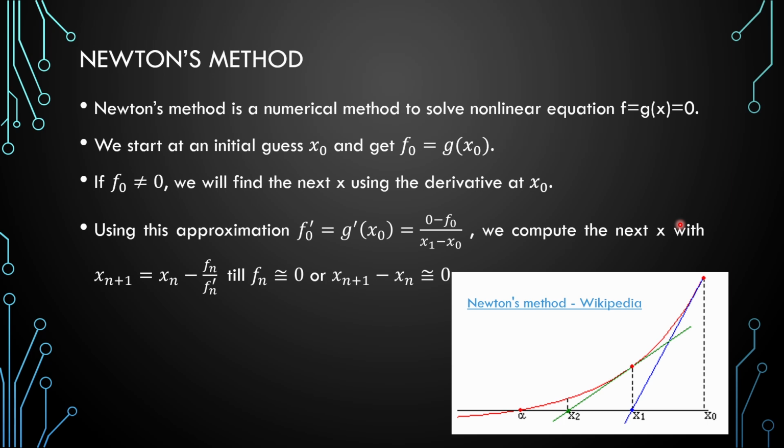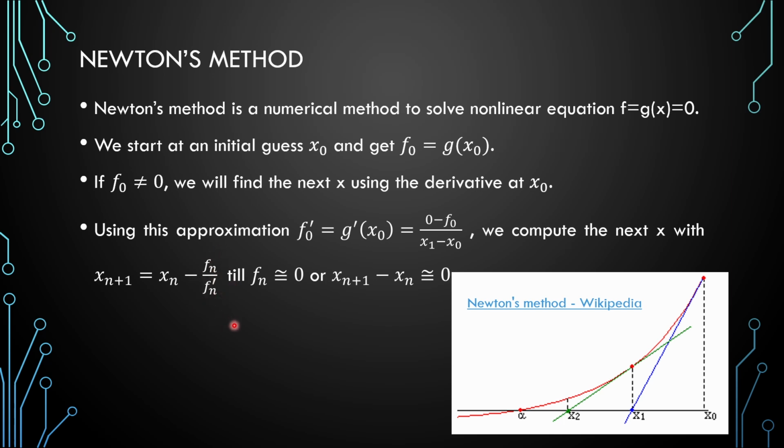By using this approximation, we can calculate x1. We continue this process to xn plus 1, so that xn plus 1 equals xn minus fn over fn prime.